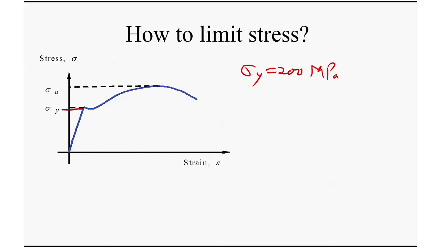How can you ensure a safe space? You want the stress not to go to 200. Maybe go to 100, or maybe 50, or 150, right? So you want to ensure it's safe enough, and that safe enough we call a safety factor.